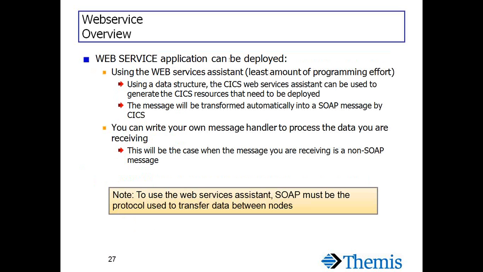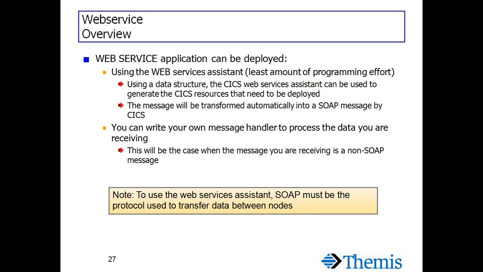Okay, web service application, again, we can use the assistants, it becomes easier. It says we can also write our own message handlers. We can intercede in the CICS process and do our own message processing, but it's a little tougher. However, people do use the standard IBM stuff and add a message processor, their own little transaction message handler, if you will, if nothing more than to produce an audit trail.